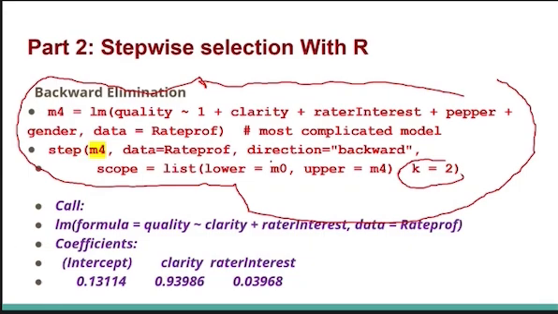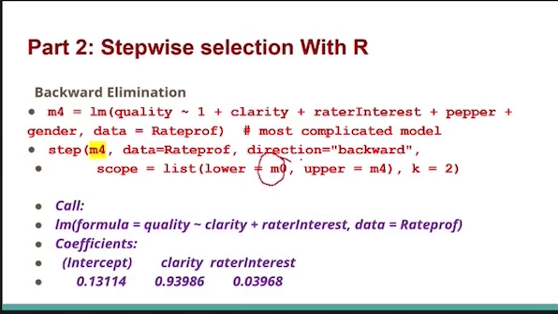M0 and M4: the M0 is just the simplest model, the intercept, and the M4 is the most complicated model. But at the end of the day, with k equal to that, I'm interested in AIC.